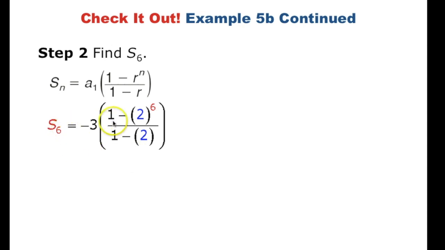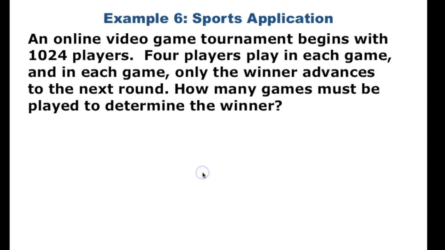So plugging in a 6 here and here, the ratio is 2. We get -63 over -1 times -3, which is -189. That tells me that the sum of the first 6 terms, all of them being negative, is -189.